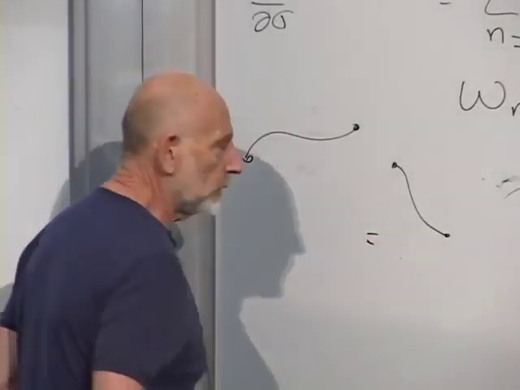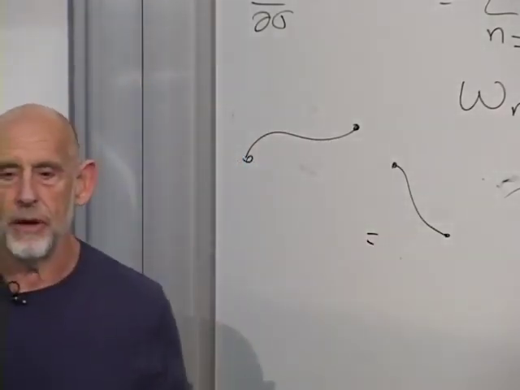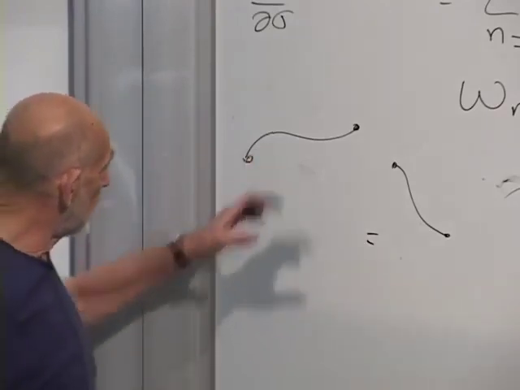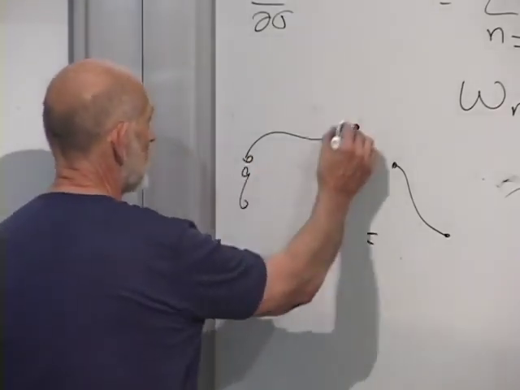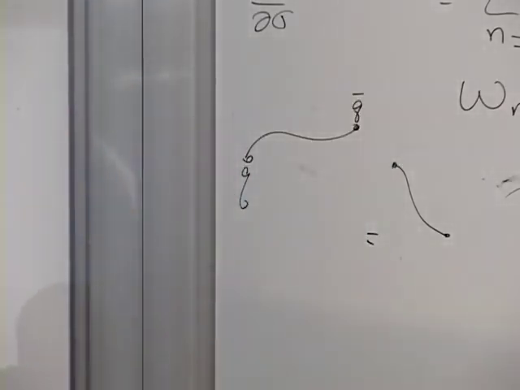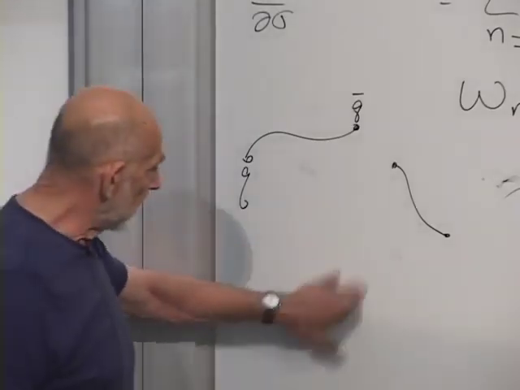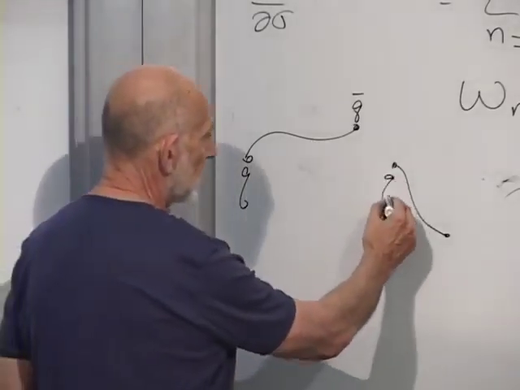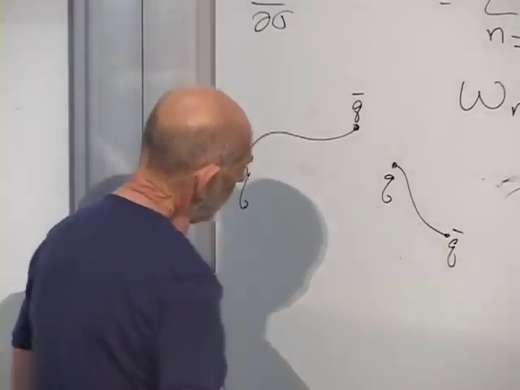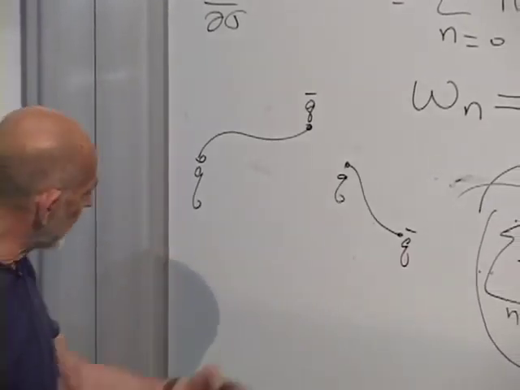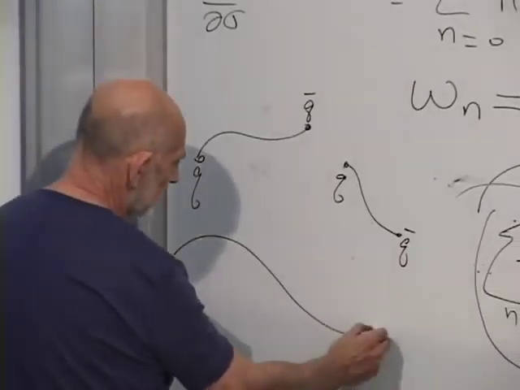In the context of hadron physics, meson physics, the strings have quarks at the ends, quarks and antiquarks. Now, that's not true for the string theories that we're going to be interested in, but for ordinary hadrons, quarks and antiquarks. And what can happen is a quark and an antiquark can come together, annihilate, and create a longer string.